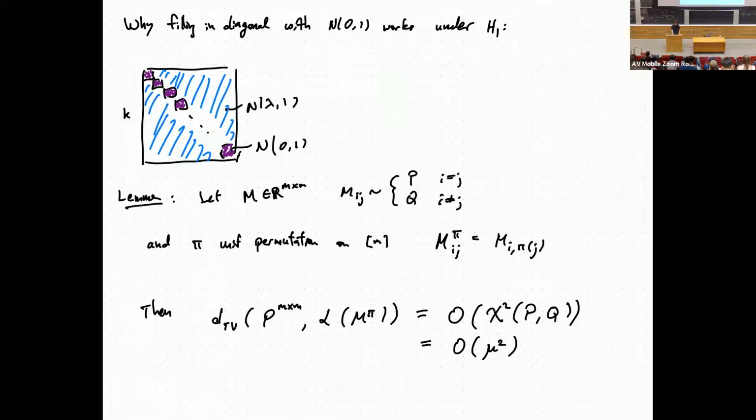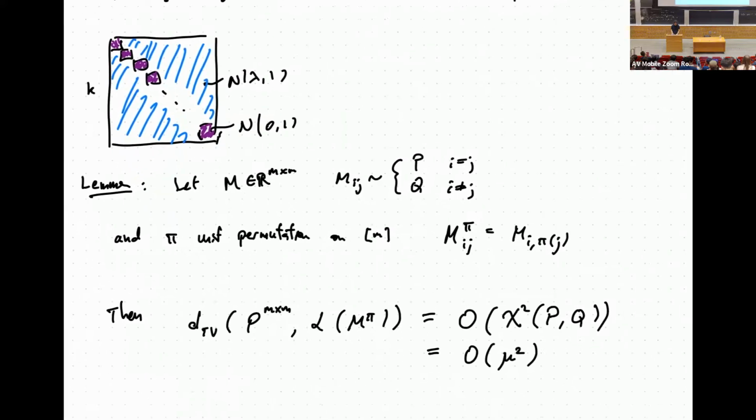Okay, so we have this. This isn't exactly the correct distribution. It would all be blue if it was, and so all the diagonal is purple. And there's a very slick lemma that will just save the day. Here's the lemma. Let M be an m by m matrix, where each of the diagonal entries is sampled according to P, and each of the other entries is sampled according to Q. Suppose pi is a uniformly random permutation on m elements.